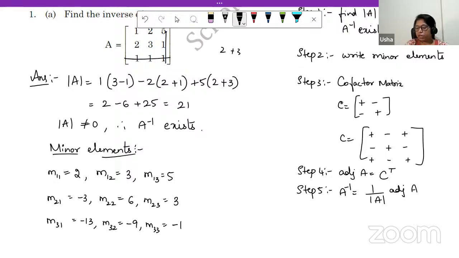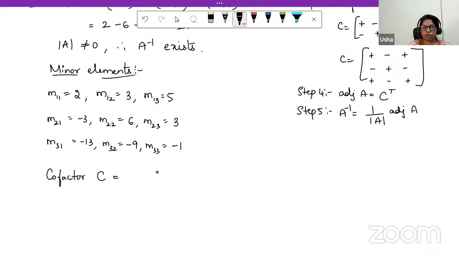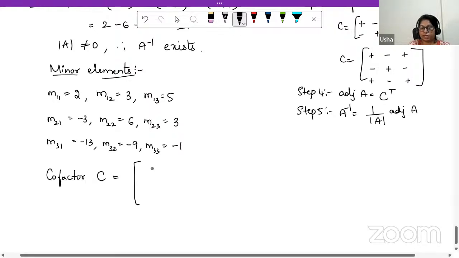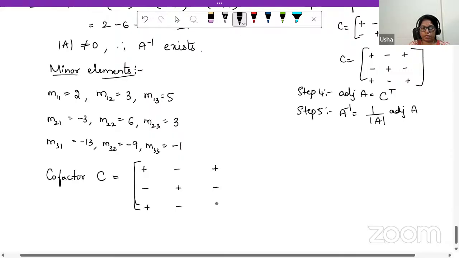So now we have the minor elements done. Step 2 is done. Next, we need to now write a cofactor matrix. So cofactor matrix, cofactor C is equal to, write the signs, plus, minus, plus, minus, plus, minus, plus, minus, plus.